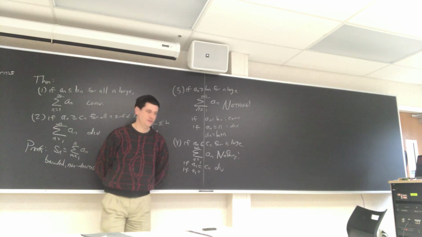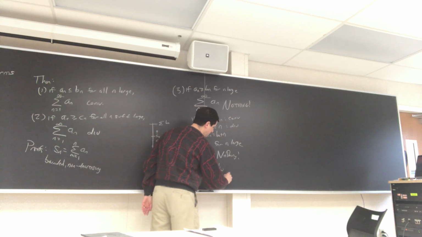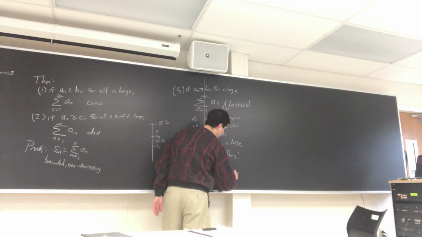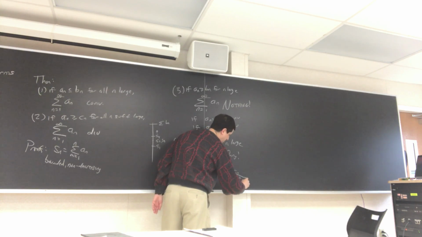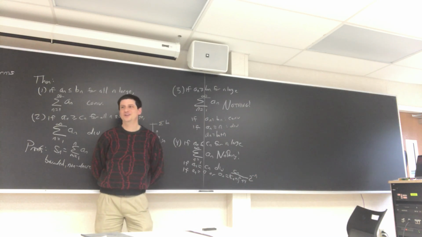That would work. So an equals 0, or an equals cn divided by cn plus 1 squared plus 4 times 2 to the negative n. Something like that should be more than enough to make it converge.